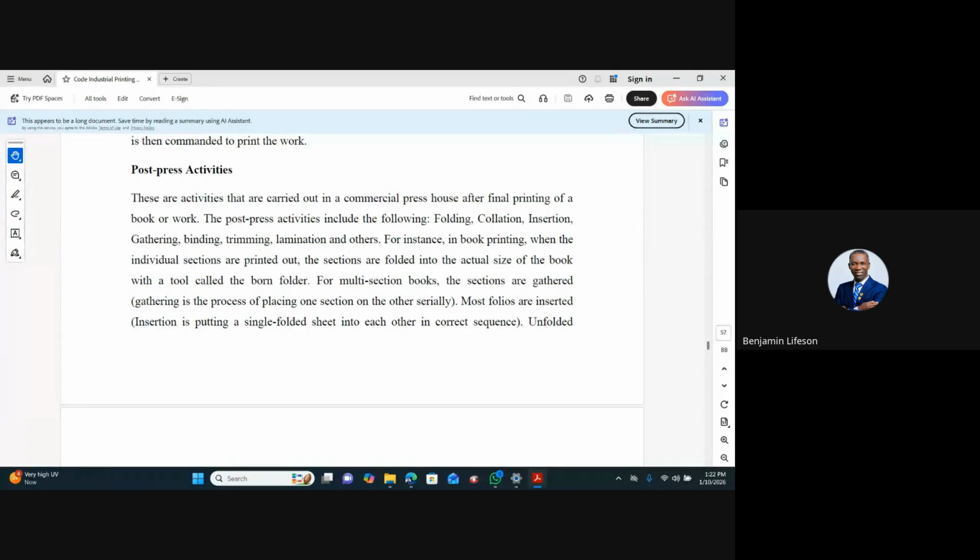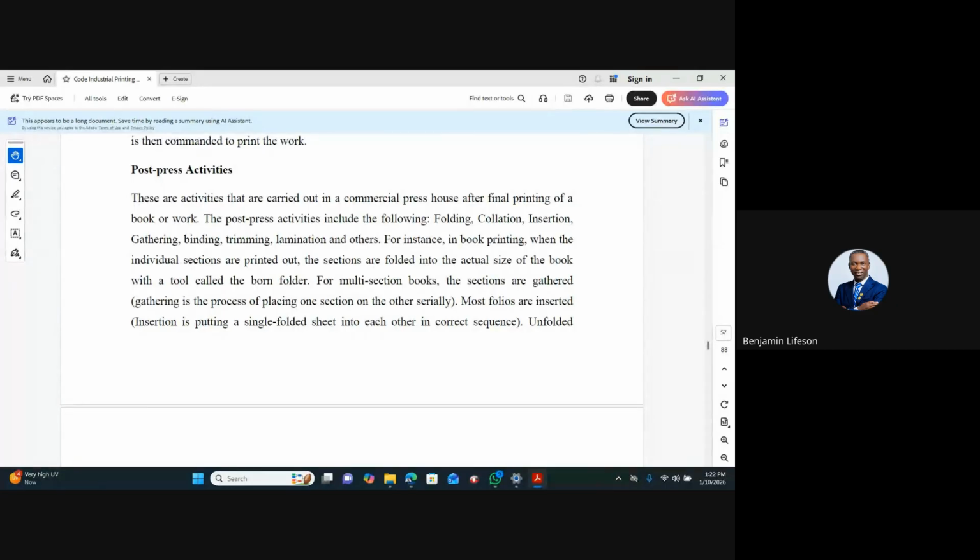So collation is about assembling the individual printed sheets or papers in a correct logical manner to form a complete set. Okay, you are collating. So for instance, you are collating your books or magazines and whatever. We print it and put all there. Maybe all the page 1 to 2 are here, page 2 to 3 are here, page 4 to 5 are here, page 5 to 6 are here.